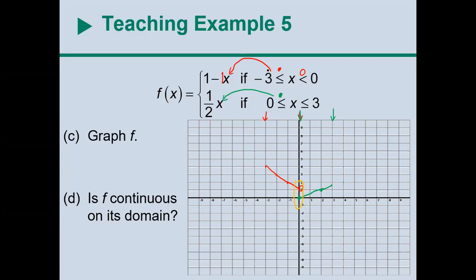Okay, we have 3 types of discontinuities. We have gaps, holes, and asymptotes. These are our three types of discontinuities. Okay, this is a gap in my function, so therefore this is discontinuous.